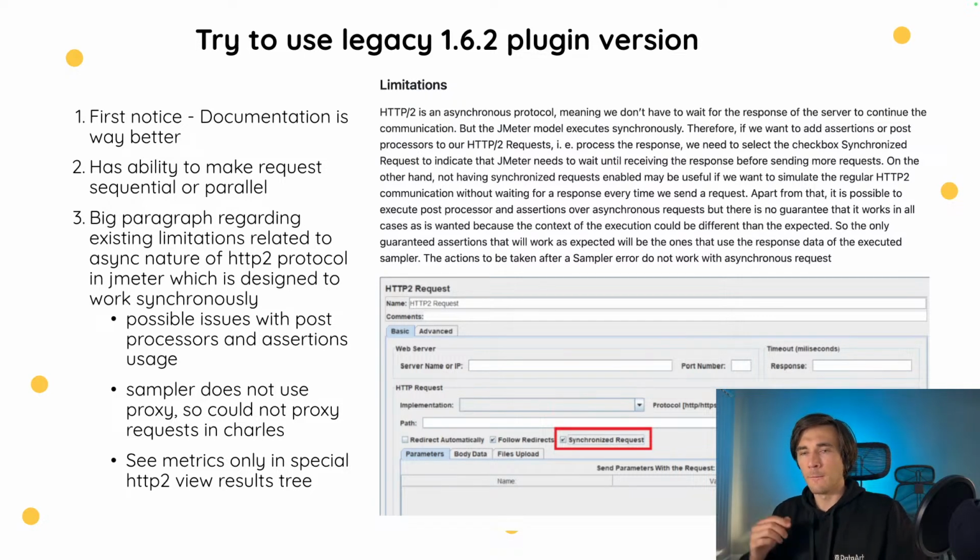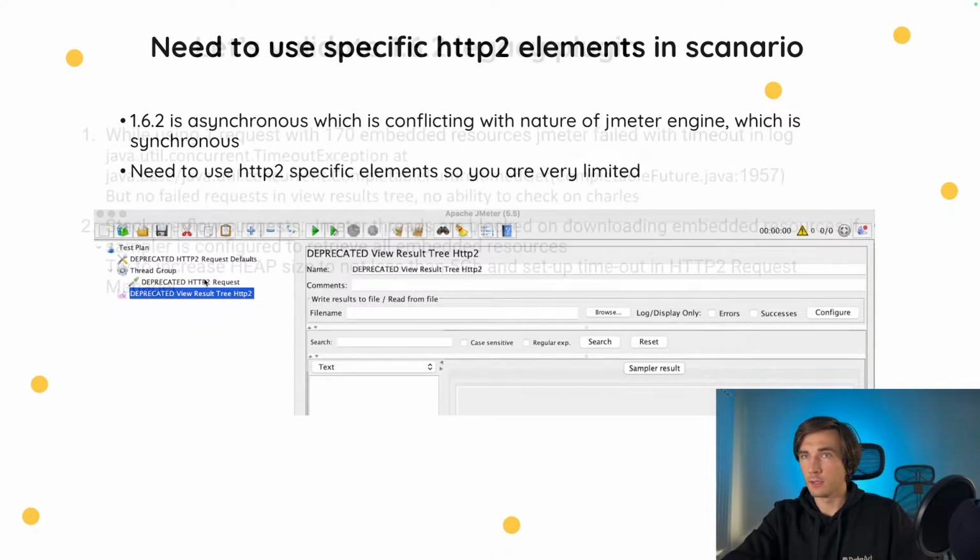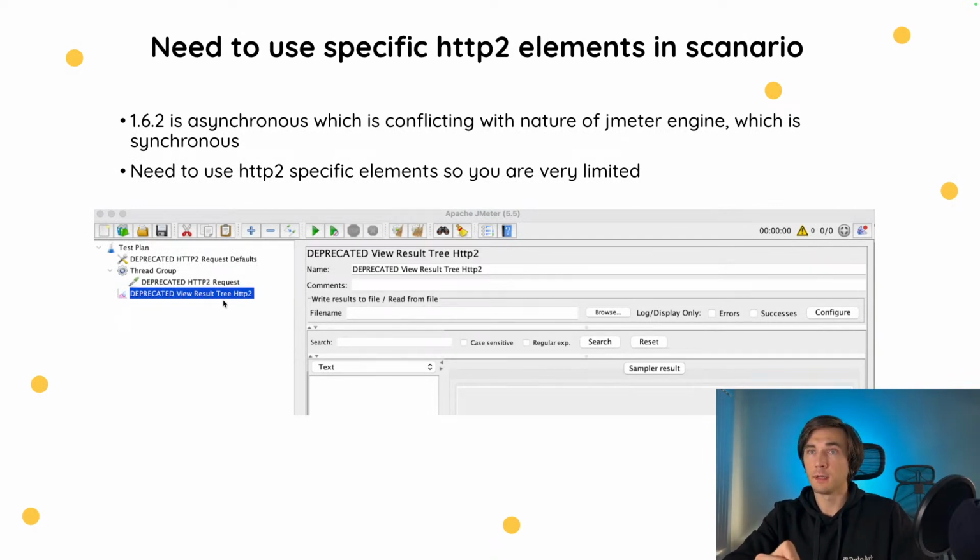So even to see any results, even some small results, you need to use separate elements. Let's say you want to use request defaults. You need to use separate HTTP2-specific request defaults, the HTTP2 request, and the HTTP2-specific View Results Tree.